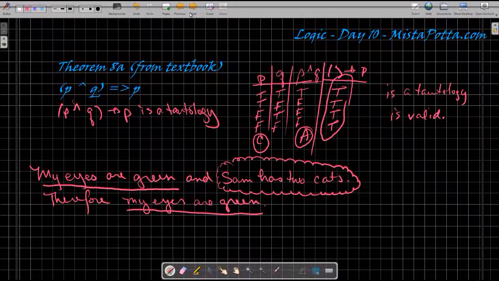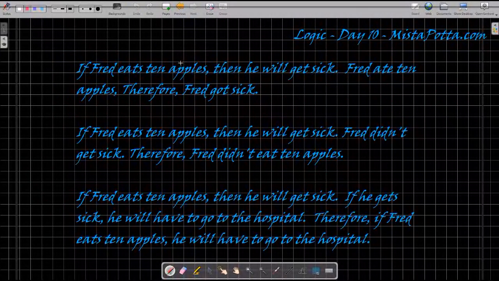So to recap, we have 3 different arguments here. And these are the 3 different arguments that we talked about being named arguments. So notice what I've got here. If Fred eats 10 apples, then he will get sick.